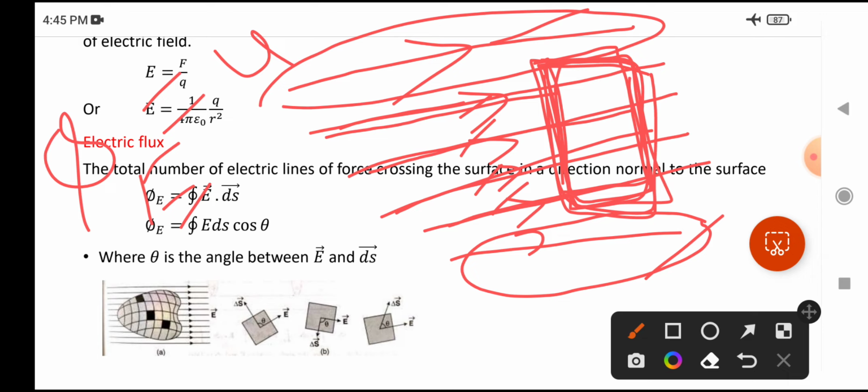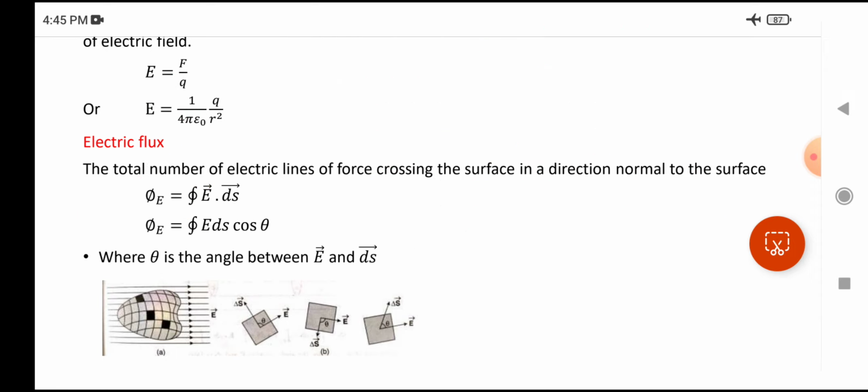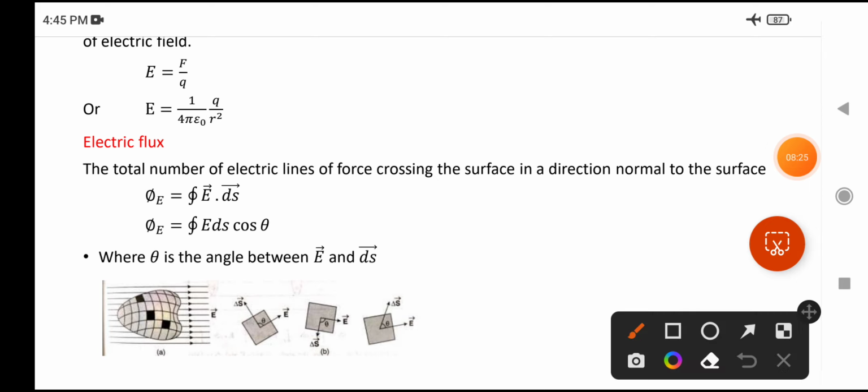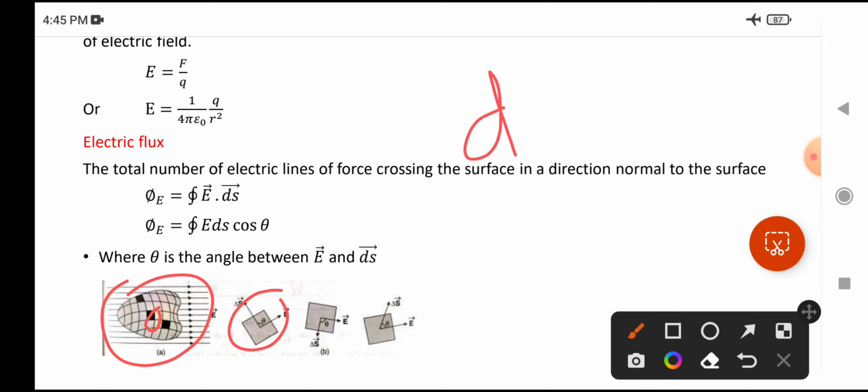Okay, so like this we have to understand, and here the diagrams are also given. Suppose it is a surface. For this surface, if we take a small area, the area element we denote with ds, because a small area is taken.